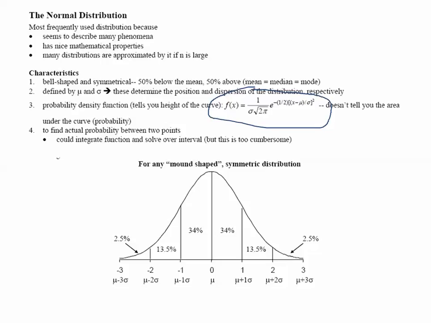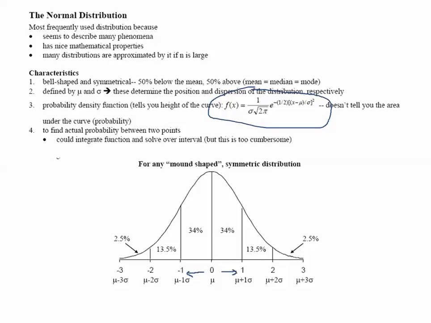We can see that a normal distribution has these characteristics such that the mean is right in the middle for a symmetric distribution. If we go one standard deviation to the right and one standard deviation to the left, we find that we get another 34% of the probable outcomes on each side.